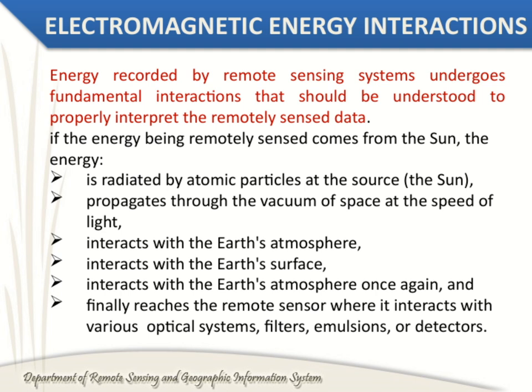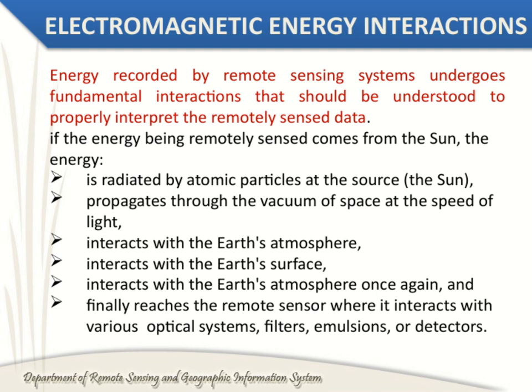After passing through the atmosphere, the energy reaches the Earth's surface, where it interacts with various features, like land, water, or vegetation, each affecting the energy differently. Then, the energy can interact again with the atmosphere as it leaves the surface, potentially scattering or absorbing further. Finally, this energy makes its way to our remote sensors.